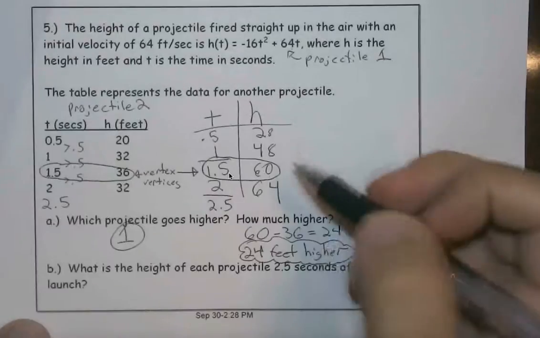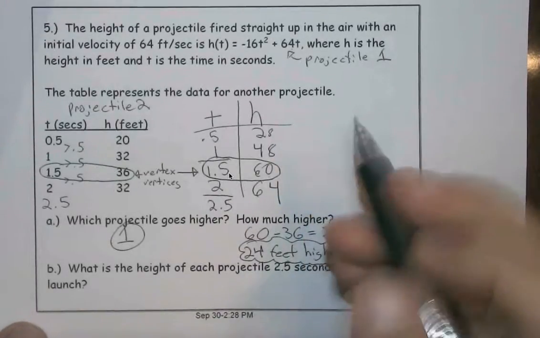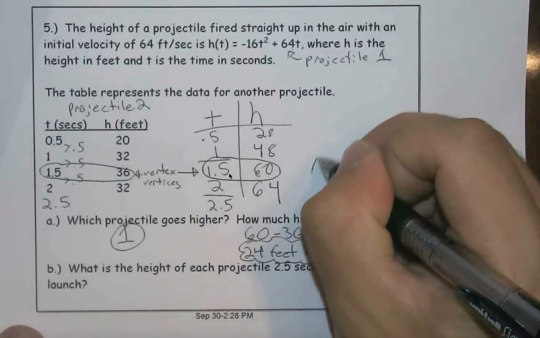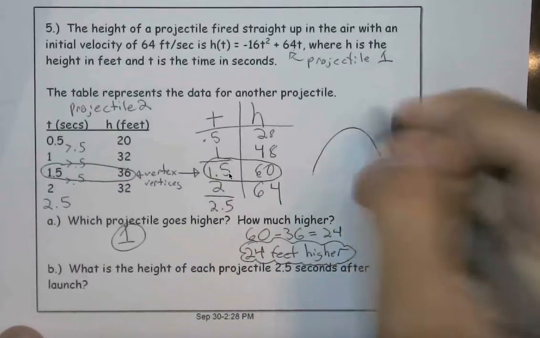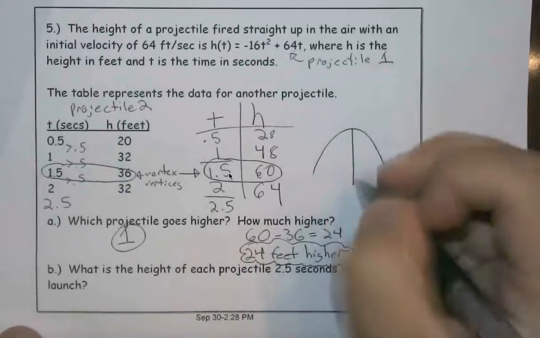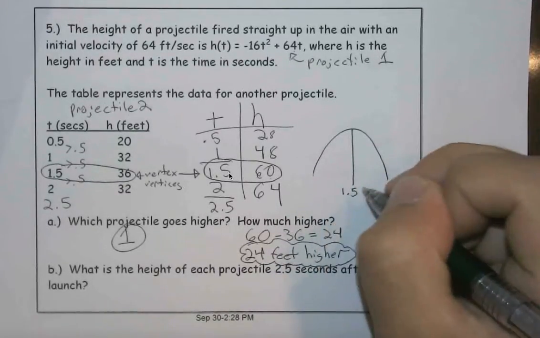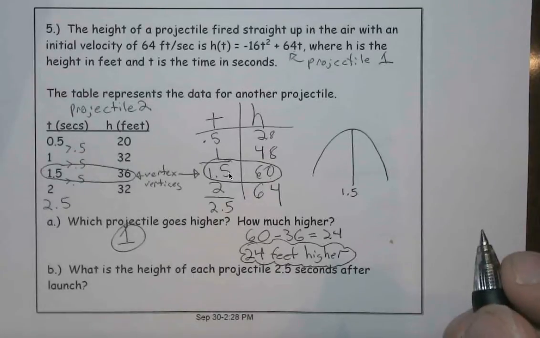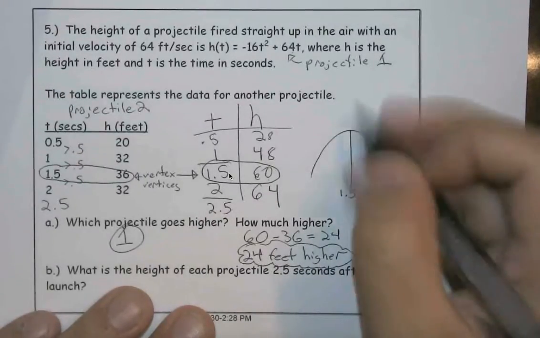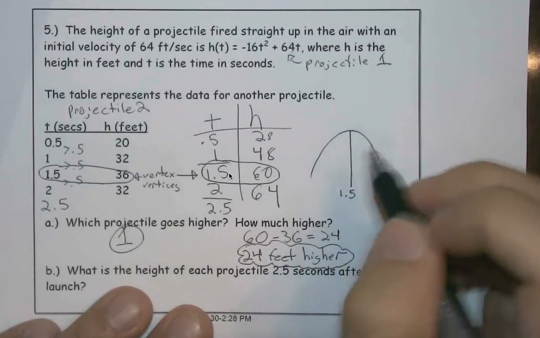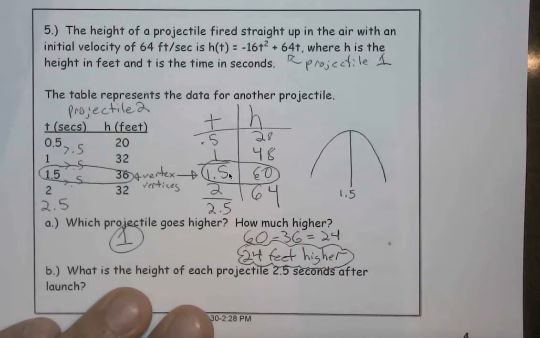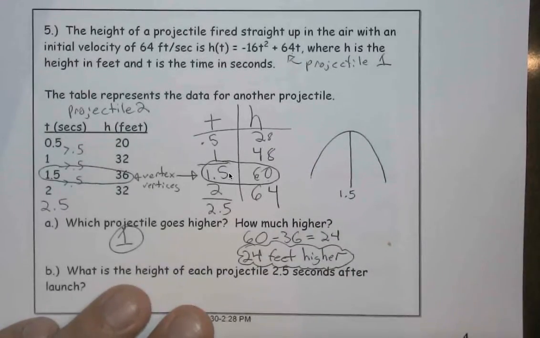Since this is starting to come back to Earth, like imagine that at 1.5 seconds, it's at its highest point. And we can hopefully assume that this is also an axis of symmetry, assuming there's no wind and it doesn't randomly get kicked out of the air for some reason. Maybe a plane flies by and hits the ball or projectile.